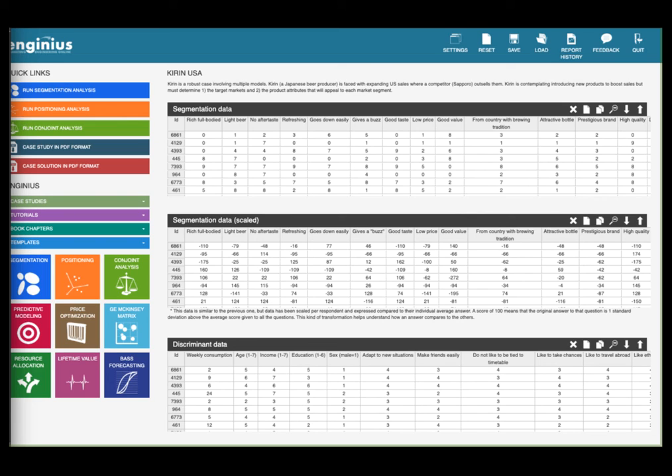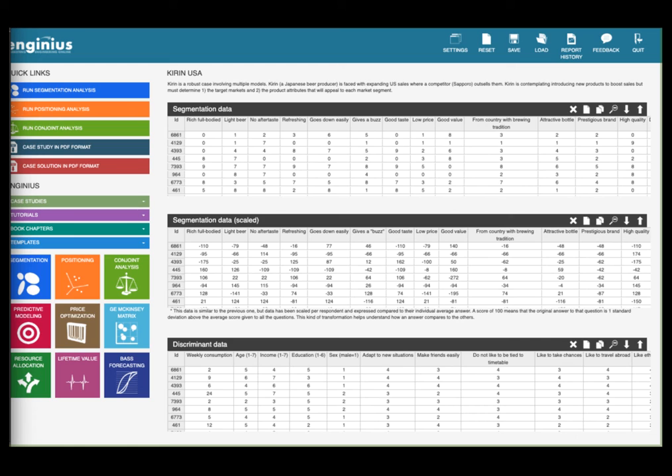In a nutshell, let's just go over the story one more time. Kirin is in a very difficult business environment given that the import beer market is so saturated and very competitive. The million-dollar question for a marketing manager is how to target and retain the customers better and more efficiently.